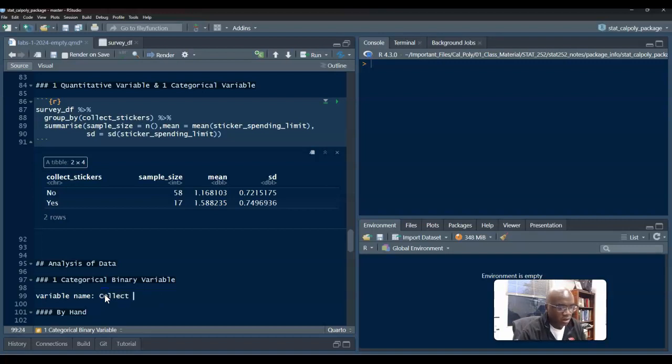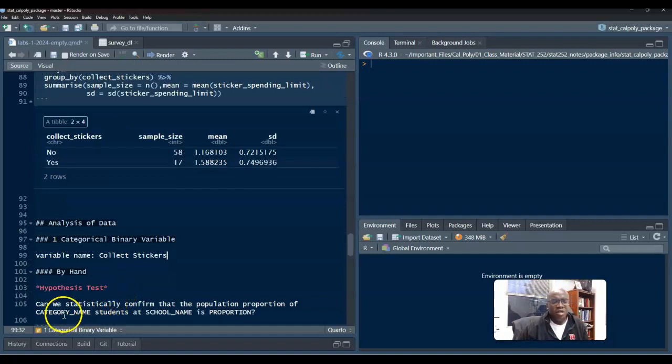Collect stickers. Maybe the question is there. Yeah, it is there. Good. So can we statistically confirm that the population proportion? Here are the keywords: population, the proportion of Cal Poly. That's interesting, that's not what it's supposed to say.